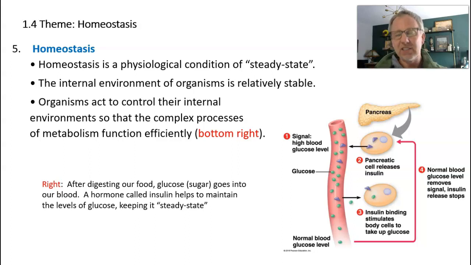And the job of insulin, its one and only job, is to help keep your sugar levels in your blood balanced, to help keep a homeostasis of your sugars in your blood so that the sugars don't get too low or too high. This is just a specific example of homeostasis, and you should be able to refer to an example like this to demonstrate that you understand. So know what homeostasis means and why it's important, and be able to give an example like this as a starting point.